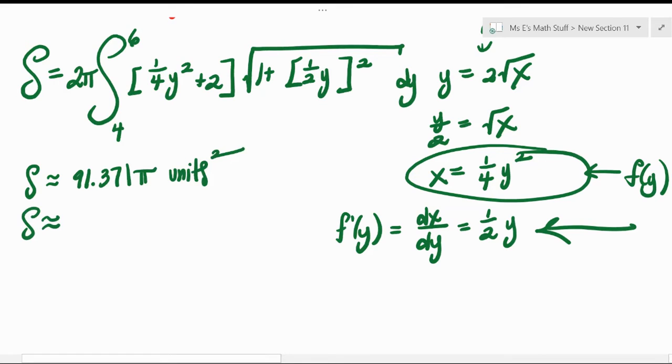Multiplying pi in would give us approximately 287.050 units squared. There you go.